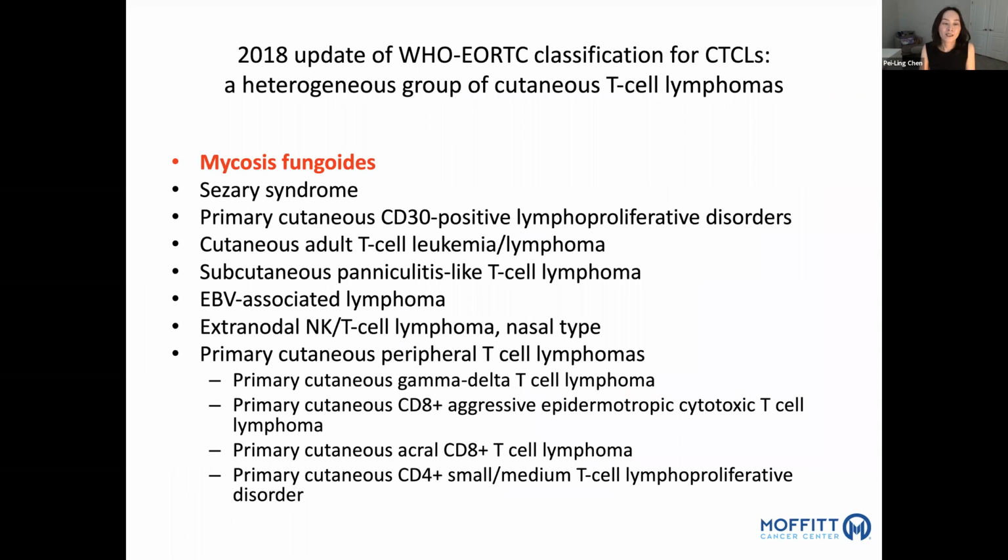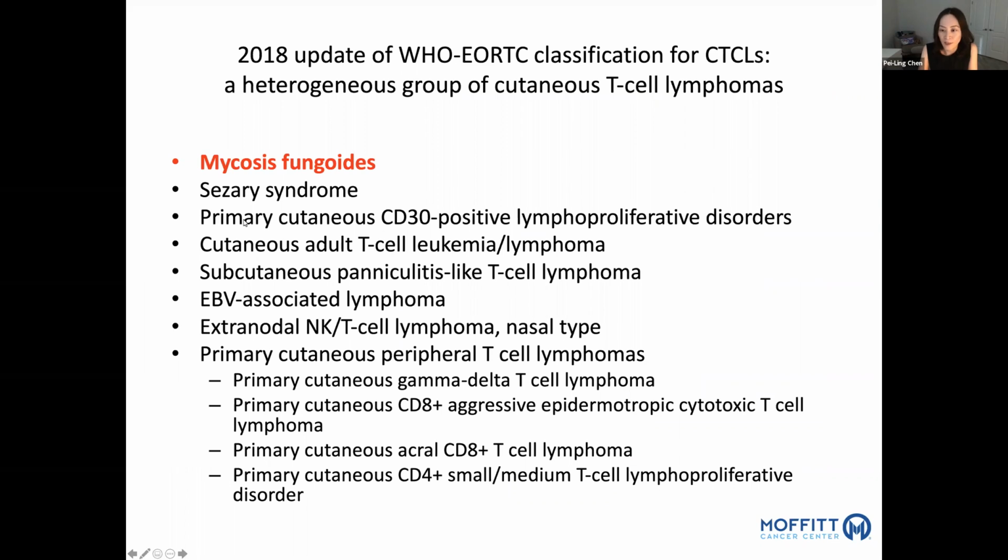So here we're looking at the 2018 update of the WHO EORTC classification for cutaneous T-cell lymphoma. As we can see here, this is a very heterogeneous group of T-cell lymphomas. So mycosis fungoides, as I said, is the most prevalent form. Sézary syndrome is a leukemic variant of CTCL.